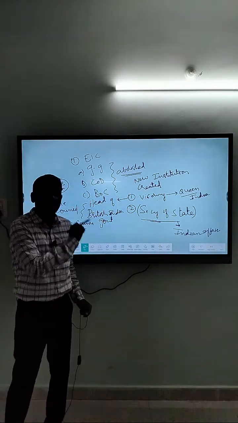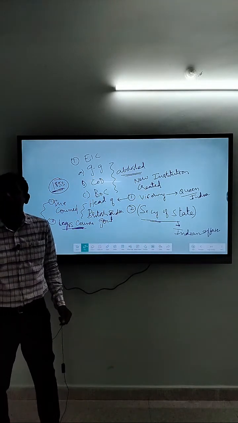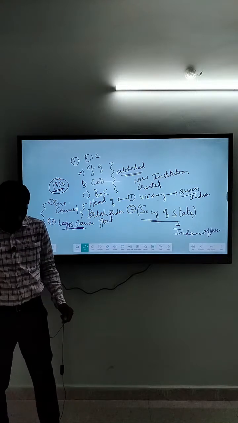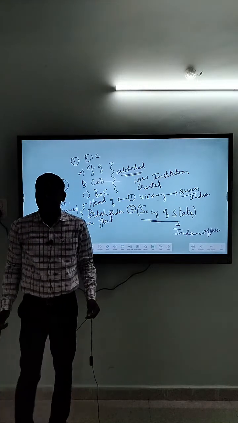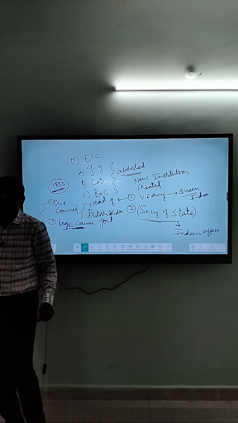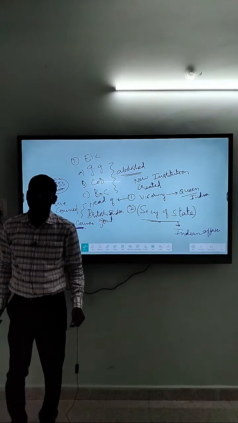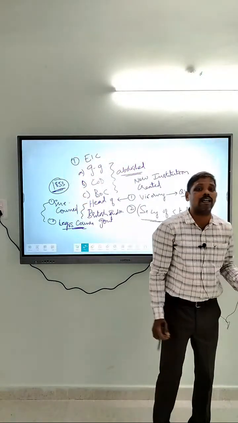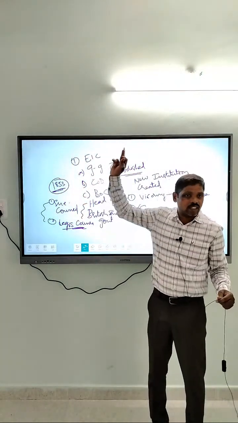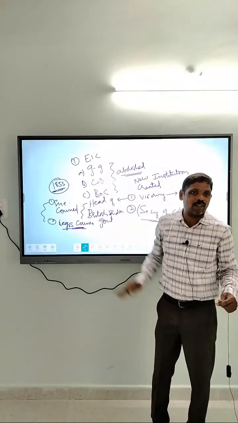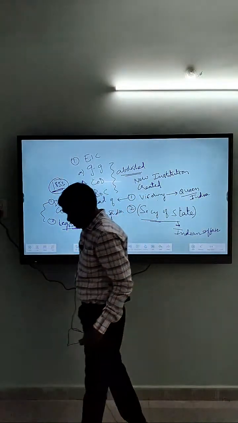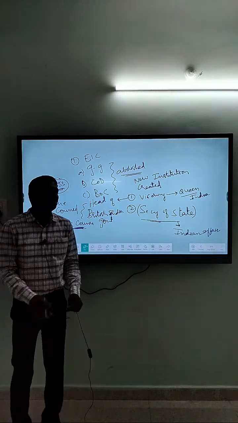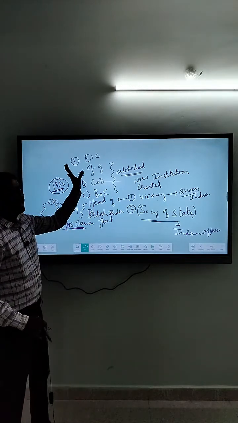To whom is the Secretary of State answerable? He is accountable and answerable to the British Parliament. The Viceroy is for the Queen. So this is about the changes brought by 1858.